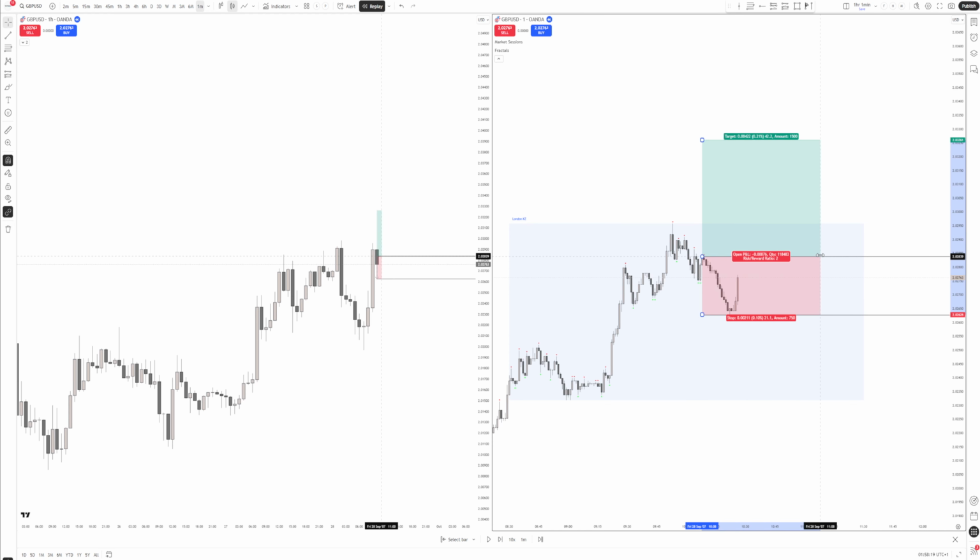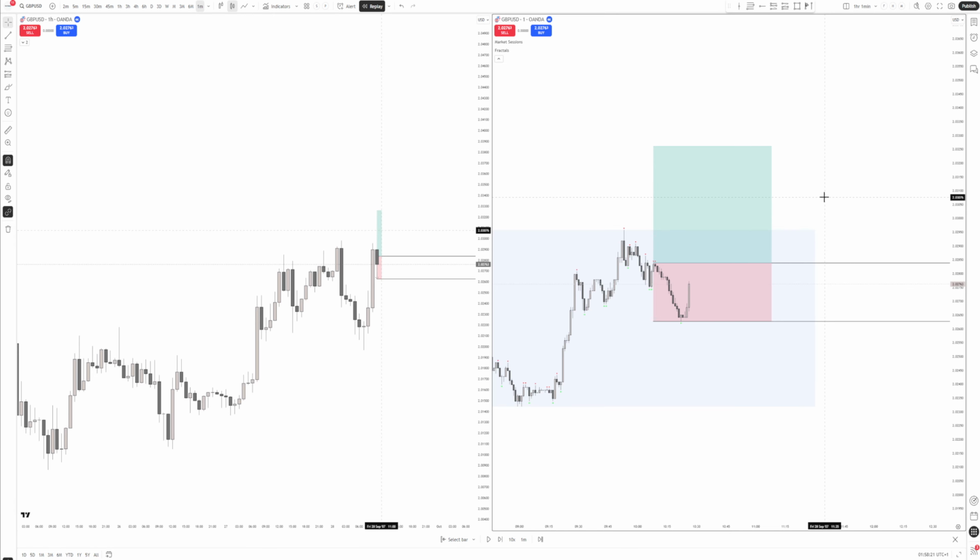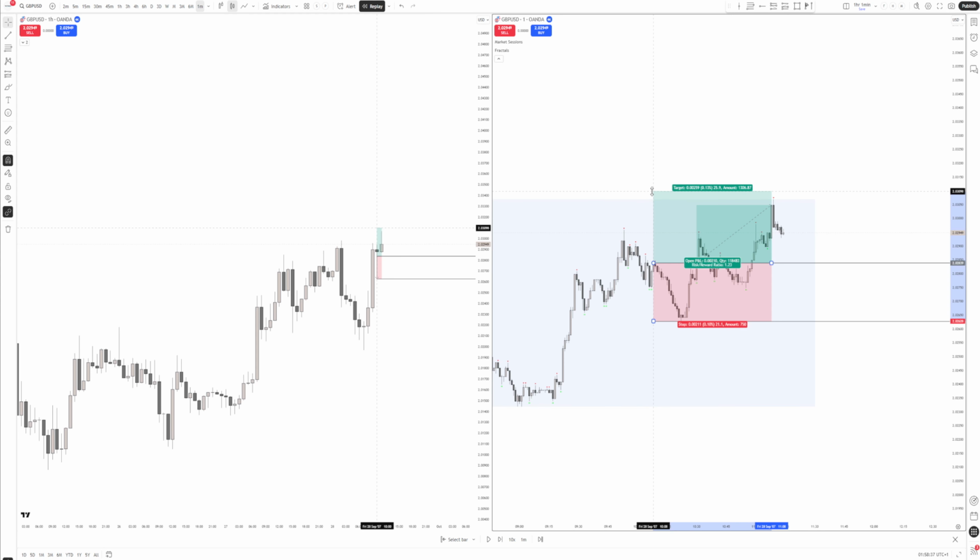There you have it. So let's see what happens. Okay, you can see we have now been tagged in. And then once price reaches a 1 to 1 reward to risk, which it has here, let's see. Has it reached? Yes, it has.